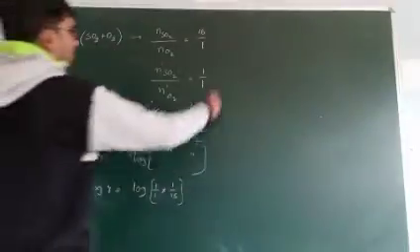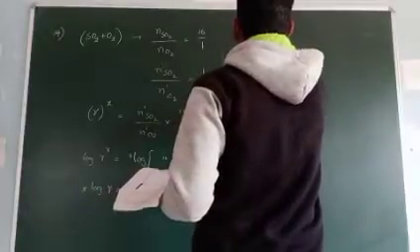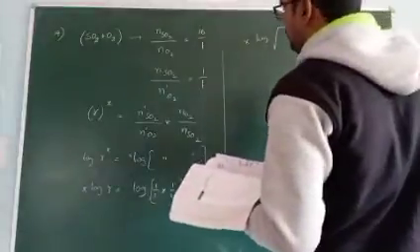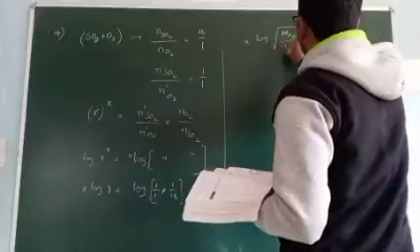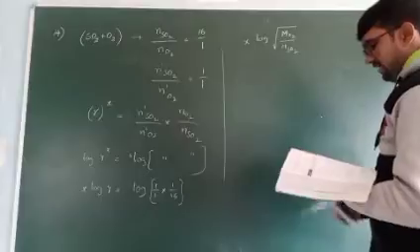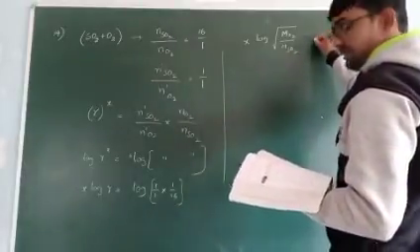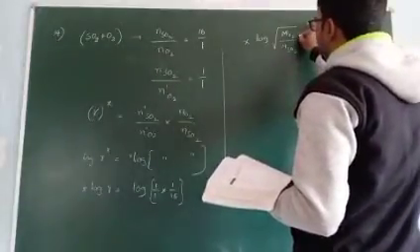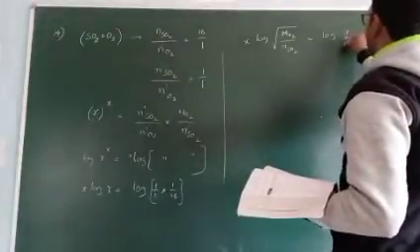Okay, what is r? We know that r value is root over MO2 by MSO2. Okay? So x log root over MO2 by MSO2 is equal to log 1 by 16.